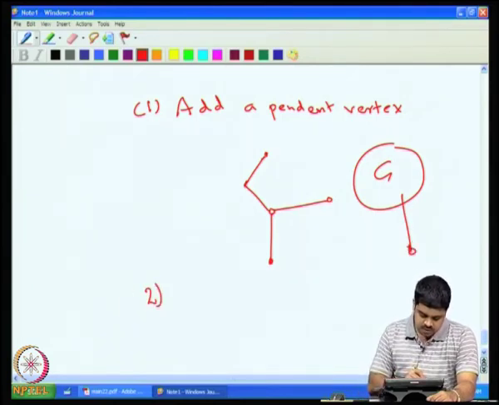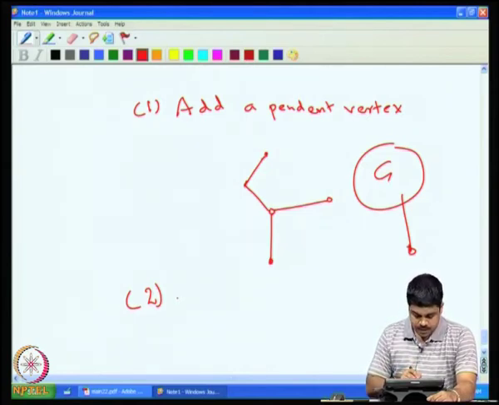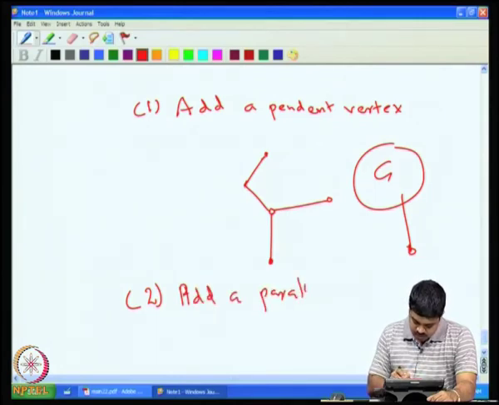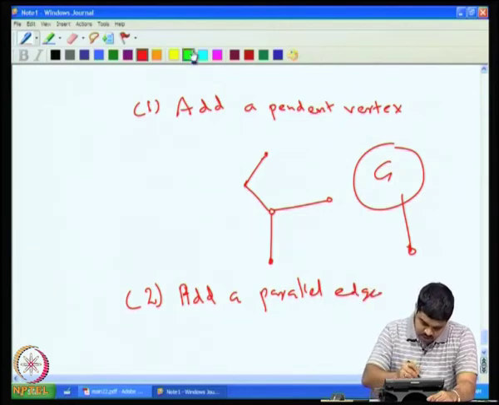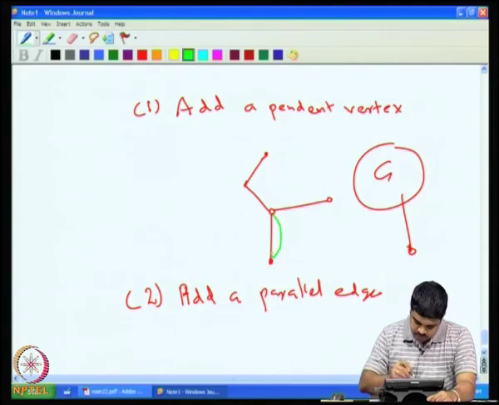Then 2 is that you can suppose there is an edge here, so you can add a parallel edge, which means you can add an edge like this or like this, as many as you want.